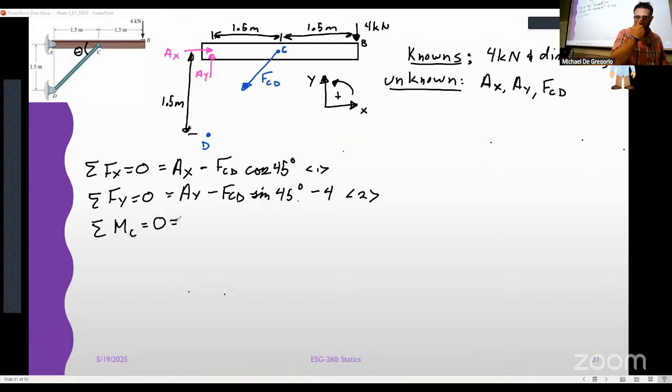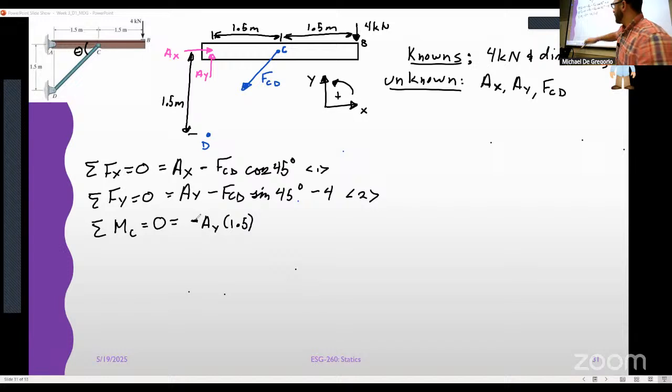All right, so I'm at point C, taking the moment. What's the moment produced by the force AY? AY we have is 1.5. Is that positive or negative? It is negative.